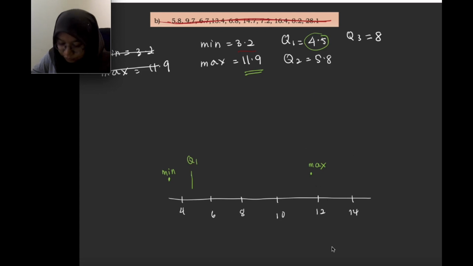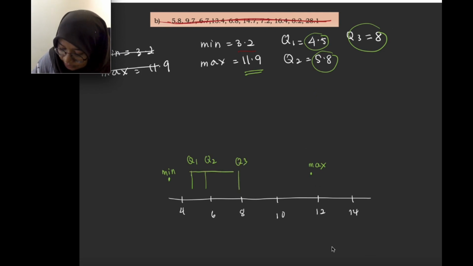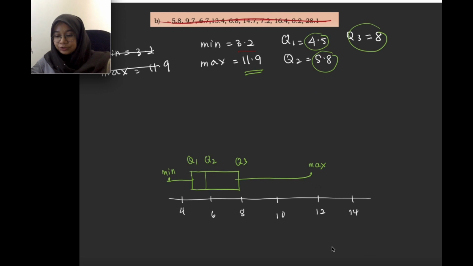Q2 is 5.8, around here. And then Q3 is 8. Then you draw a box, and then you draw the whiskers. Then finish your box plot.